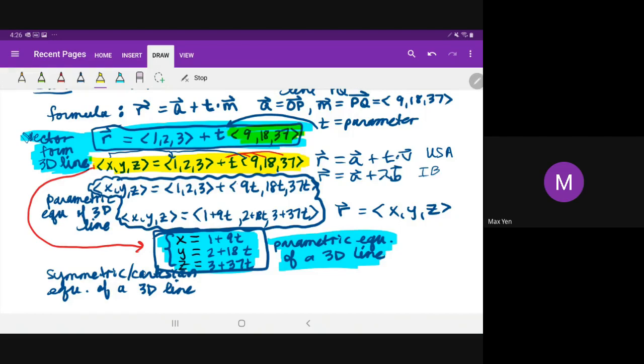And then this is the initial point, but written as a vector. So in parametric form, where are those things? The point shows up as the number by itself, and the numbers in front of the t are where you get the slope vector.